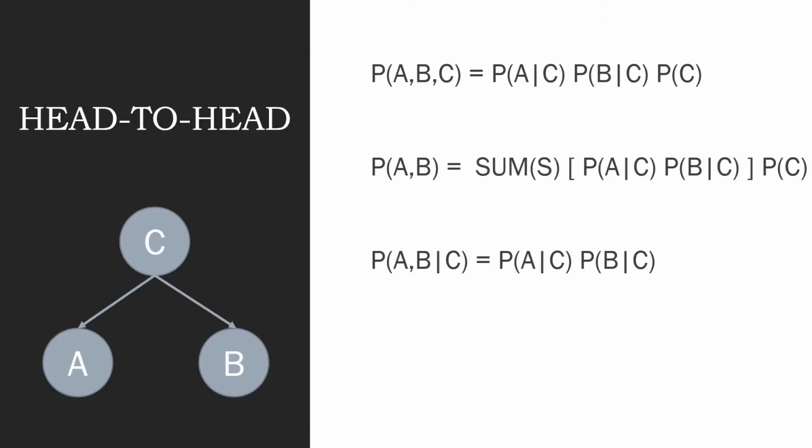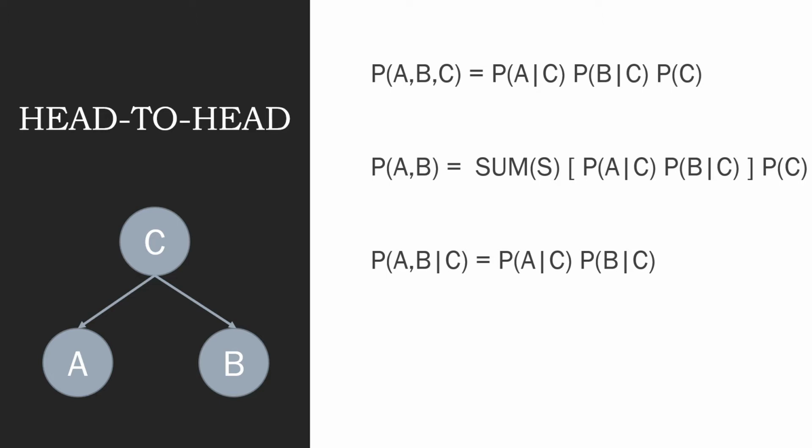For the first one, head-to-head, the joint probability of A, B, C is not complex at all. It's equal to P(A given C), P(B given C), and the probability of C, like what we talked about before. But for the probability of only the head-to-head, which is P(A, B), it's going to be the summation over S. Sorry for the wrong variable here. It should be the summation over C, because we find the probability of A joined with B, so the variable C or node C is not given.